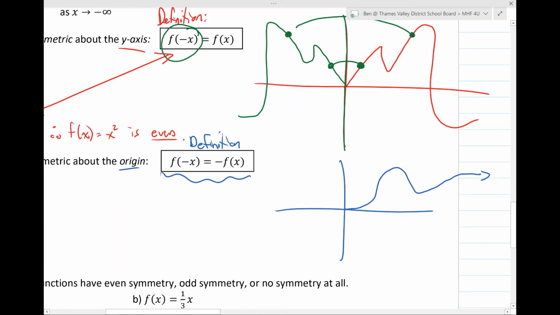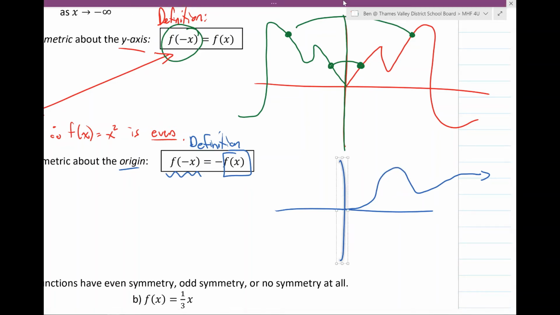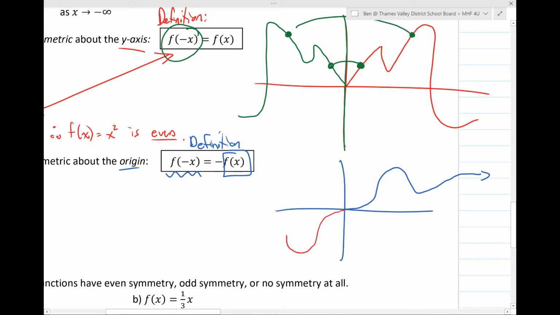This means that f at negative x equals the negative of whatever f at x was. So it's going to be the same thing, but on the other side of our x and y axes. Down here, it'll go in this direction, with the same general shape, except it's flipped.